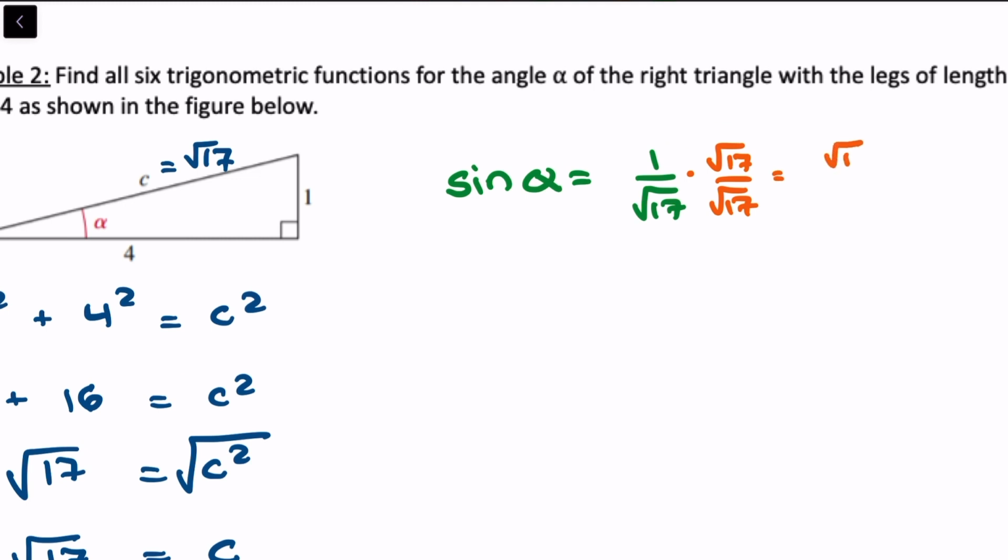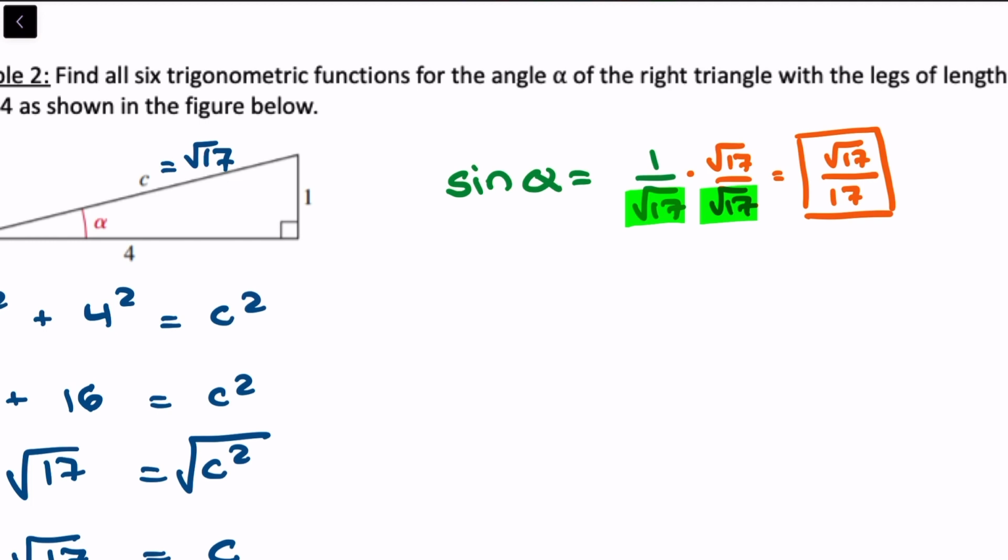I get radical 17 over 17. How do I know the bottom is 17? Well, the square root times the square root undoes the square root. When I multiply radical 17 times radical 17, it becomes the square root of 289, which is 17.